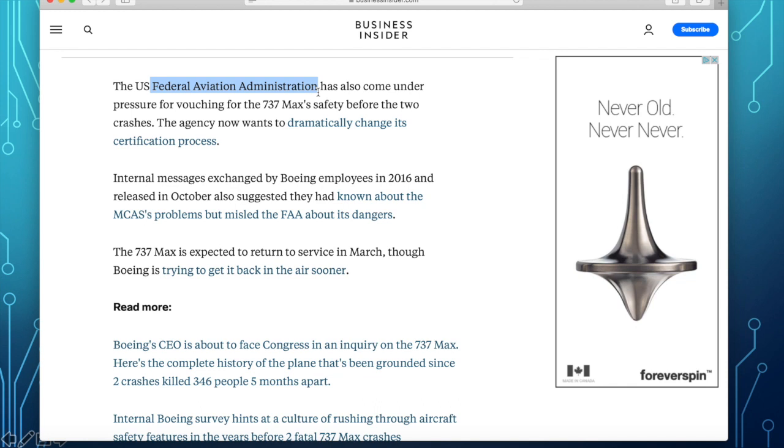With the MCAS problems, the FAA was misled by Boeing, because they became so close, and therefore the FAA, even though they heard there was a problem with the software, still approved the software, even though there is some problem with it. Okay, all right.